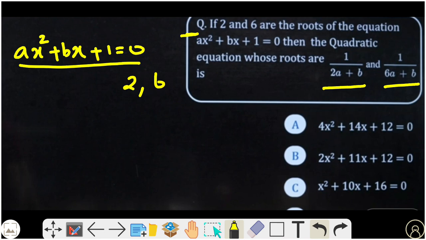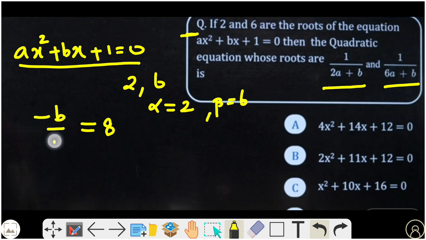Now we all know that alpha is one root and beta is another root. So the sum of the roots is 8, which is equal to minus b by a, and the product of the roots is 12, which is equal to 1 divided by a.